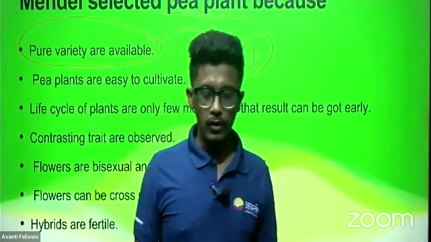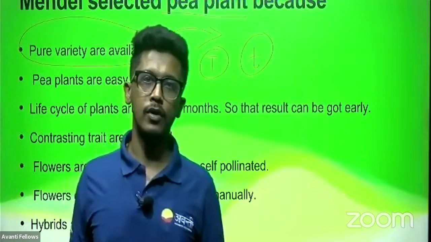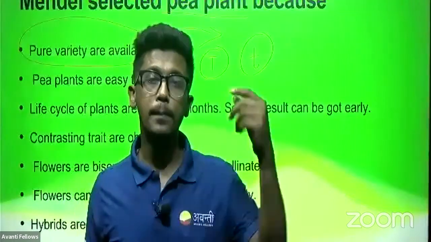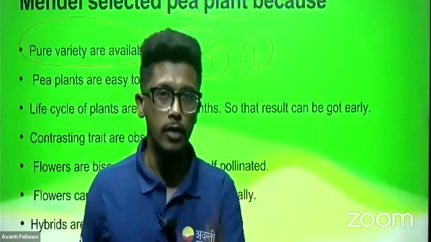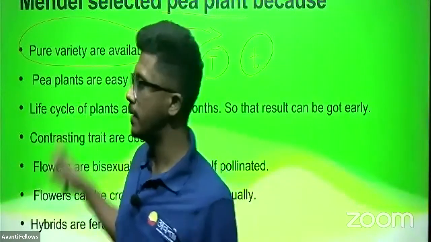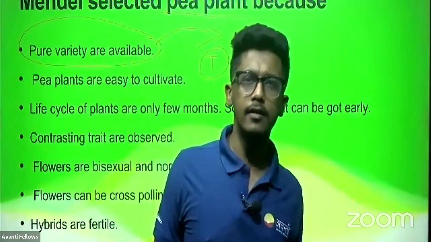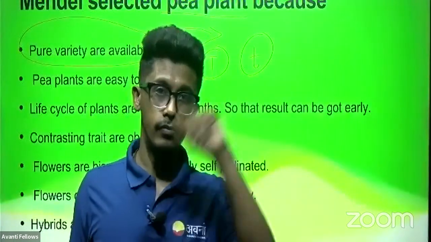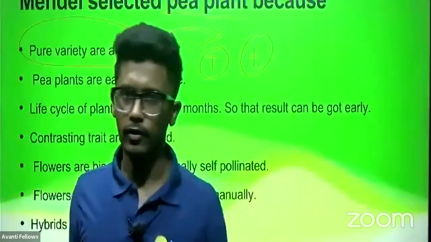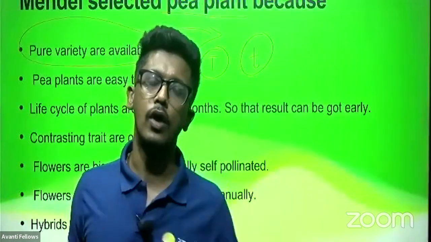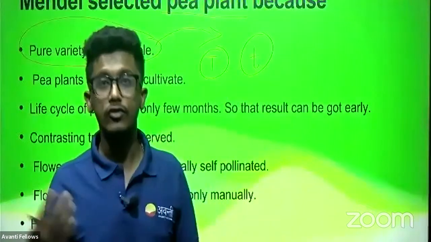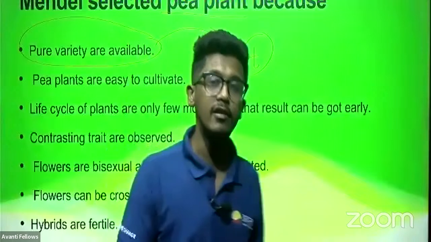If I choose an organism with a short lifespan, it gives the capacity to reproduce several times within that short period of time. If I take the pea plant as an example, its lifespan is around 3 months. Within these 3 months, I can have many cycles of reproduction, so I get to see my results as quickly as possible.